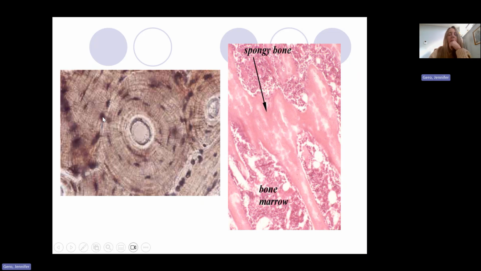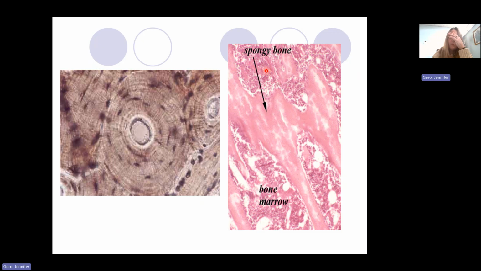So looking at the left side of the screen here, that would be a compact bone, and it's arranged in circular units that are called osteons. I'm going to make sure you can see my laser pointer. So this is an osteon. And then over here, this is spongy bone. So this is the actual spongy bone. And then the spaces in between, the lattice-like conformation, which is called trabeculae, is going to be filled with our red and yellow marrow.